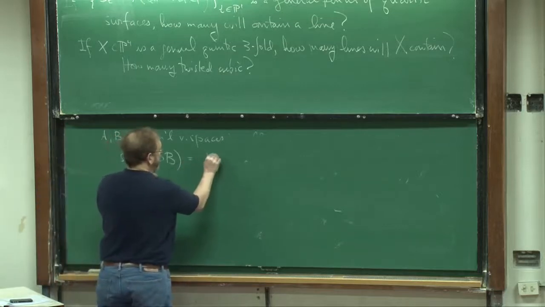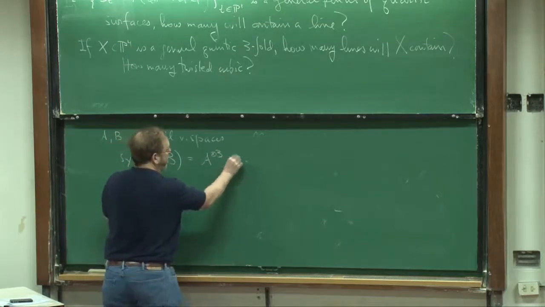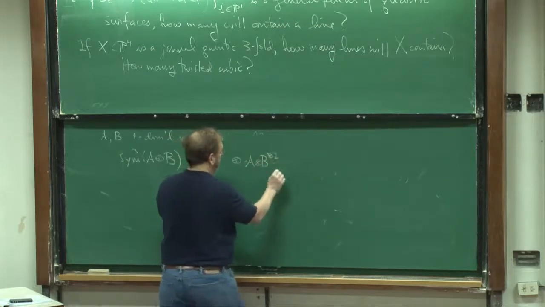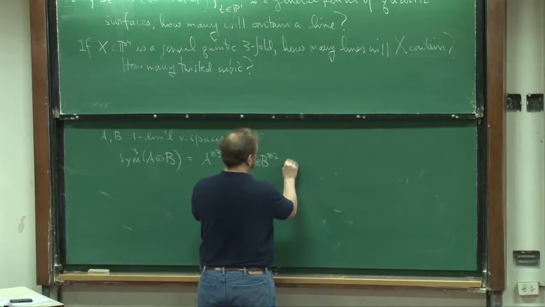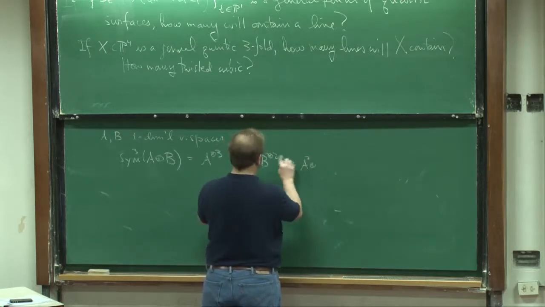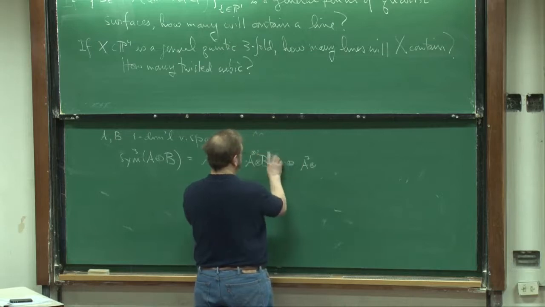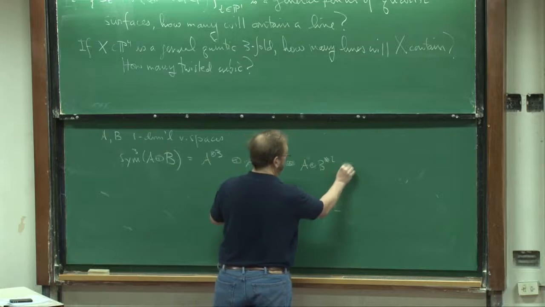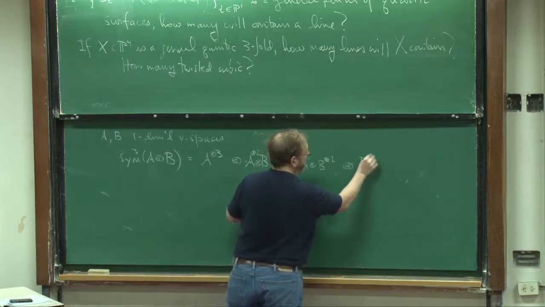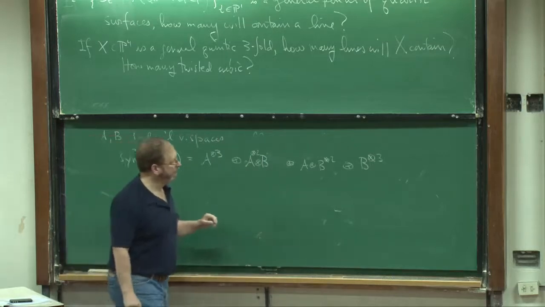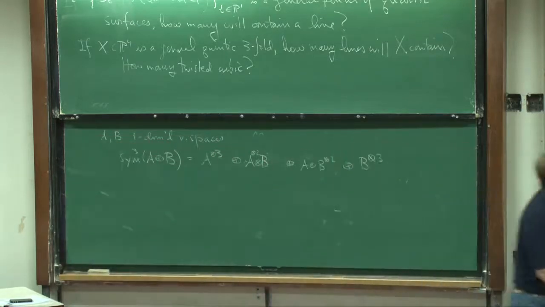It's A cubed plus A squared tensor B plus A tensor B squared, direct sum B cubed. Okay.